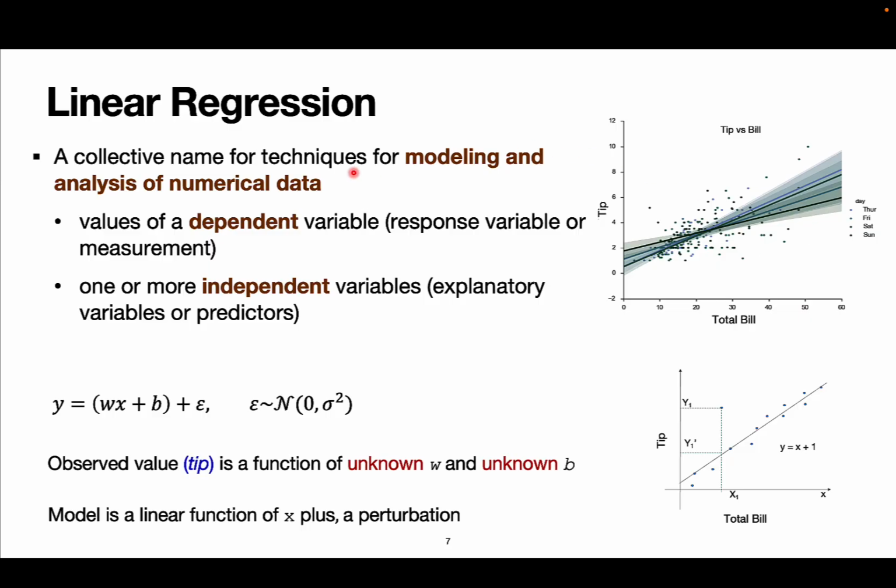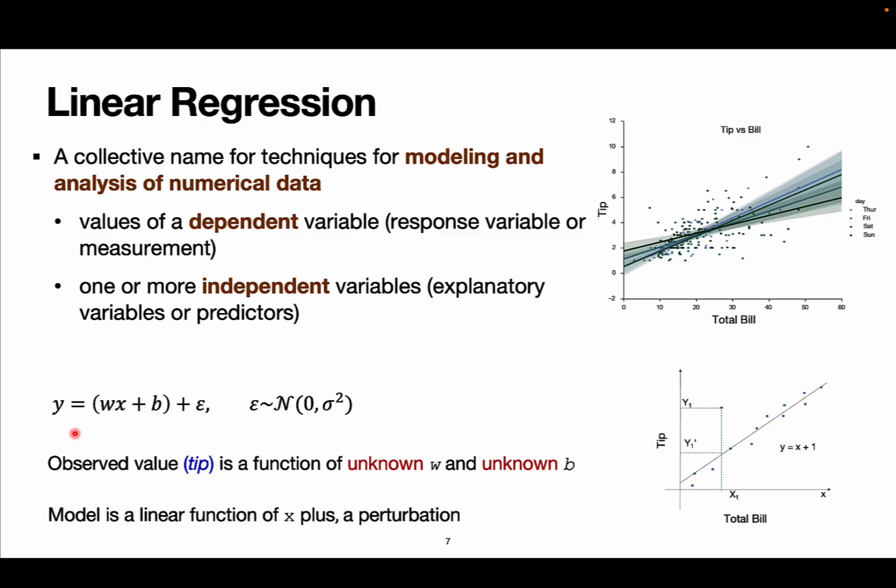Regression is a collective name for techniques for modeling and analysis of numerical data. And in regression, we work with two types of variables: a dependent variable, or the response, the variable that we're trying to predict here, which is the tip, and one or more independent variables or predictors that we use in the prediction process.